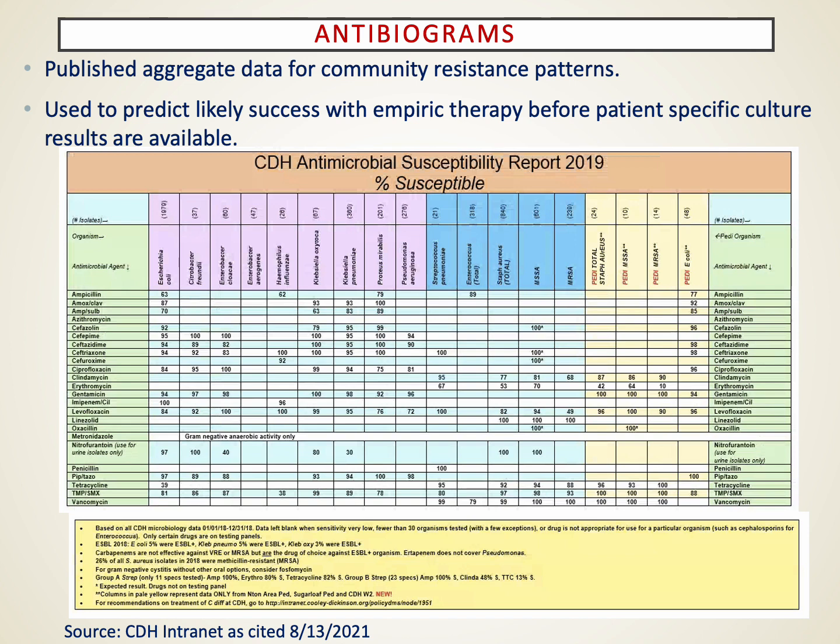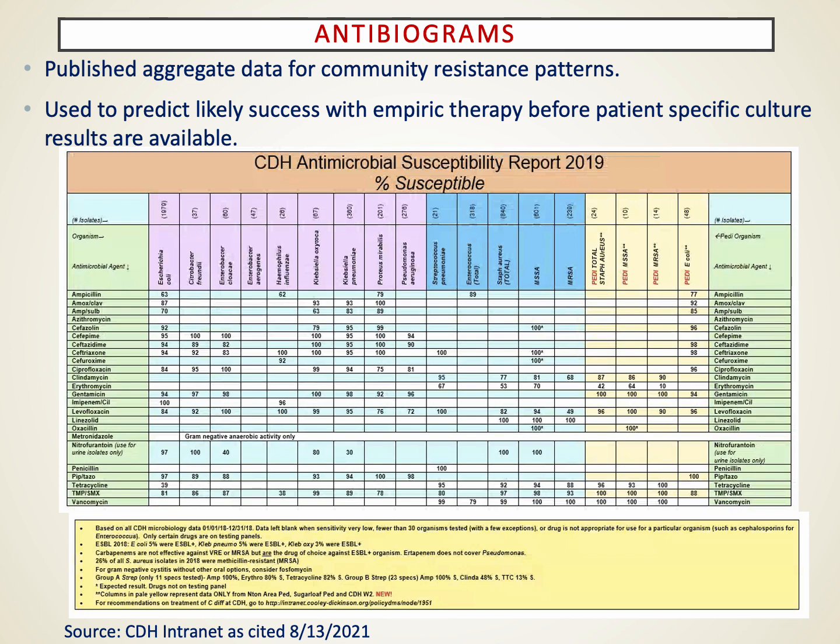Empirically, that is what you decide to start therapy with until your cultures are back. Now, keep in mind, if we have a patient who's really sick, we need to start the antibiotics today. Well, you're going to get your cultures first, if it's something that you can culture, a blood culture, a urine culture, a sputum culture, or a wound culture.